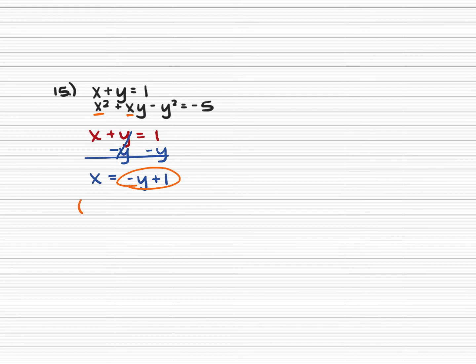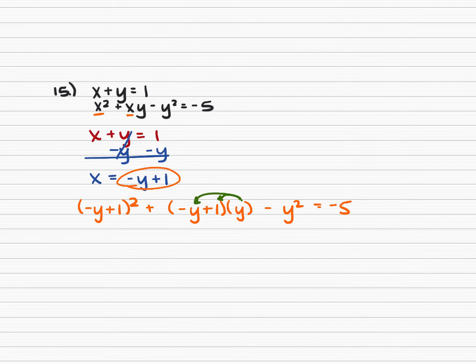So this is going to be negative y plus 1 squared plus negative y plus 1 times y minus y squared is equal to negative 5. From here, multiply. You know that you can distribute that y into the negative y plus 1.